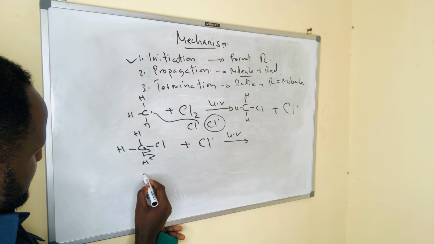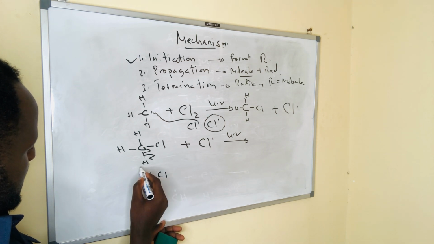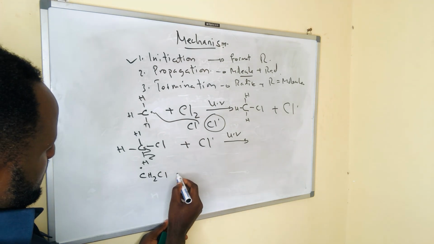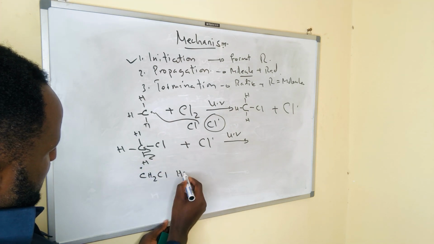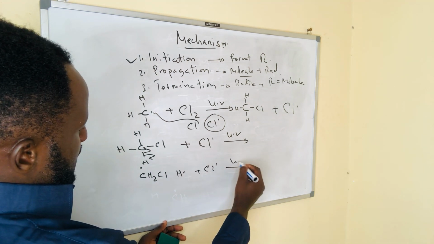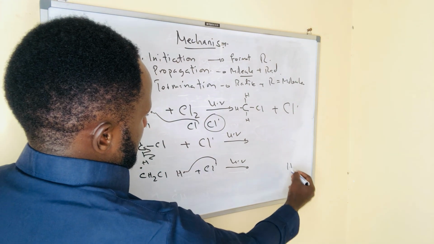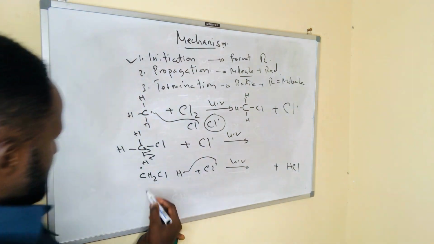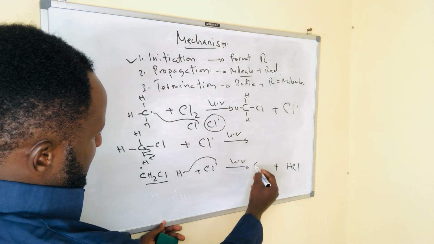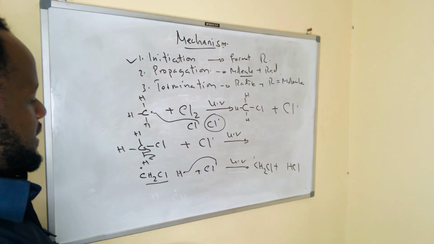So you will have CH2Cl, here it is a radical, and then you have a hydrogen radical plus a chlorine radical. And then this one will join to form HCl, and you will have this one, CH2 radical Cl.